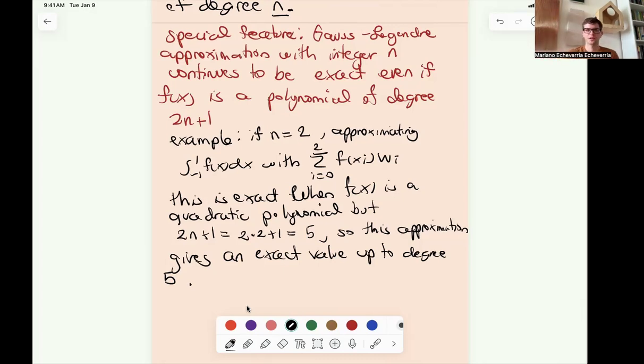And so what I'm going to tell you now is why this is true. Why does it work better?